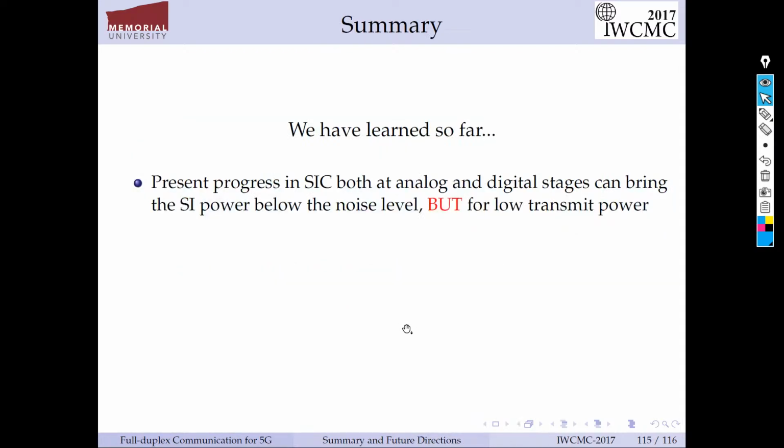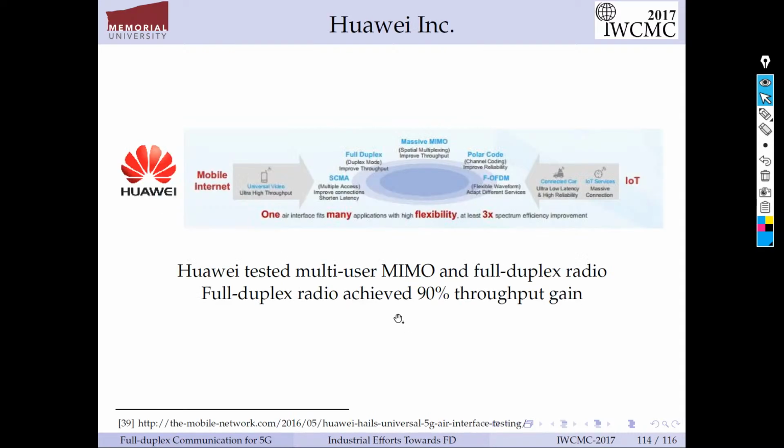But as you can see, the main key drawback of this technology is the fact that it always requires significant changes in the transceiver design. For example, if you want to allow your user equipment to use this technology, then you have to change all the smartphones in the world.